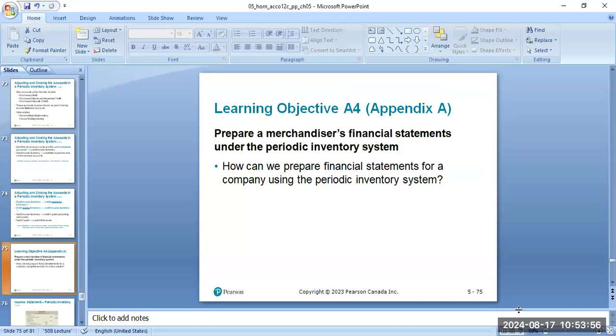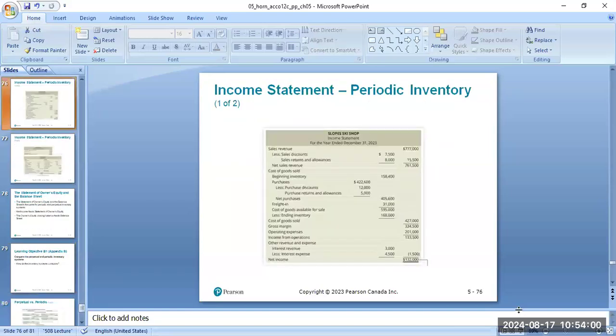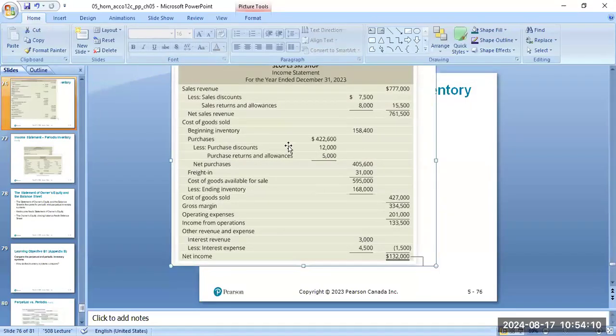How are we going to prepare the financial statements on the periodic system? There's no difference. The only thing again is the calculation of the cost of goods sold. We have to go through this calculation: beginning balance, purchases, less purchase discount, purchase allowances, net purchases, freight, goods available, minus ending balance, cost of goods sold. And then we're going to get everything else.